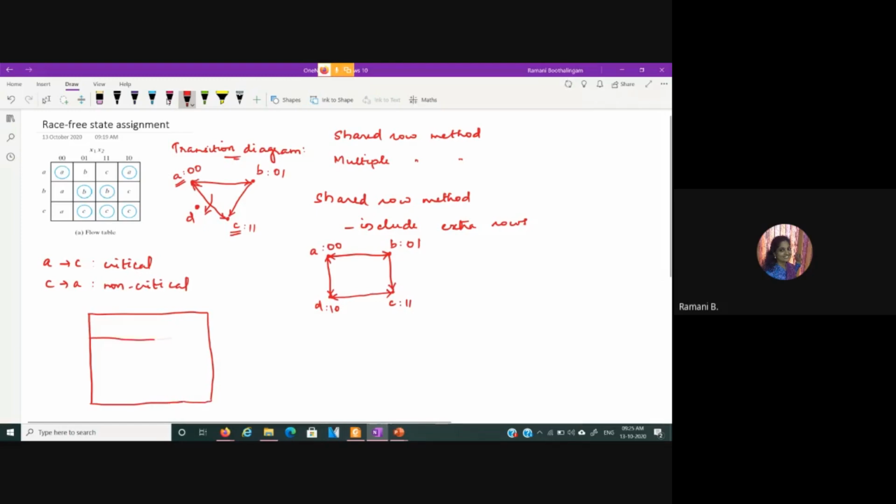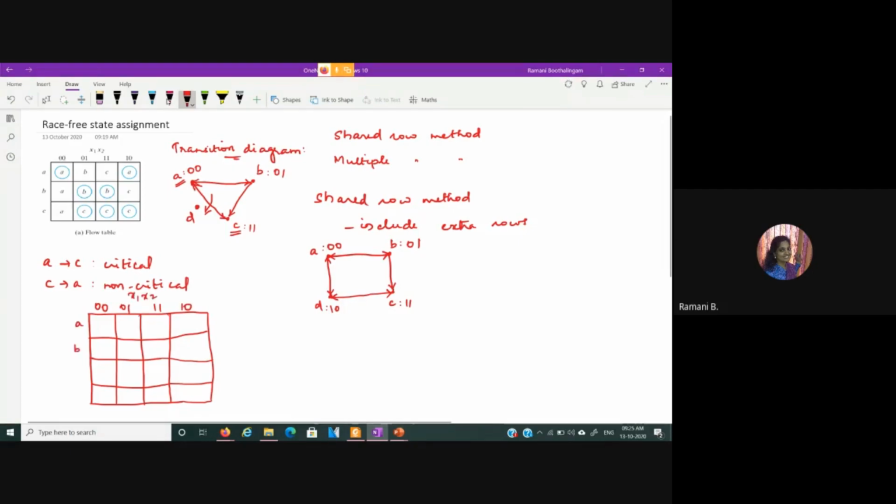So we are going to have A, B, C and D, and the input conditions are x1, x2: 0 0, 0 1, 1 1, 1 0. This is with respect to x1, x2.